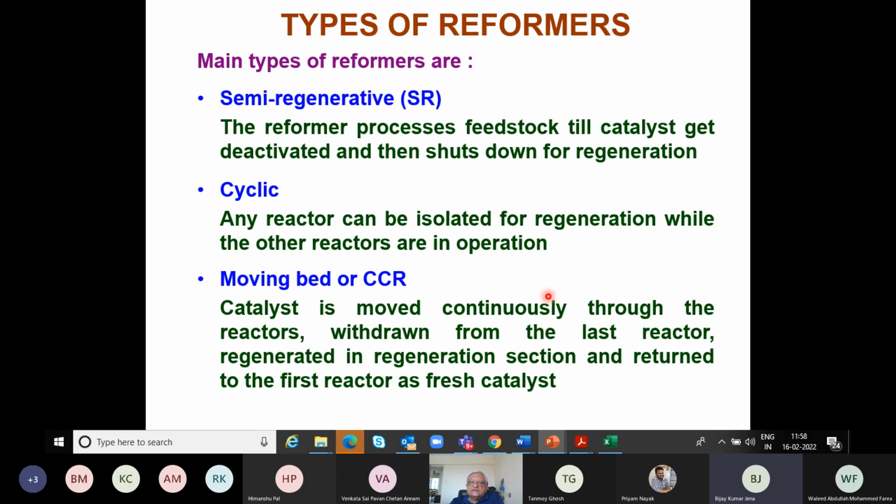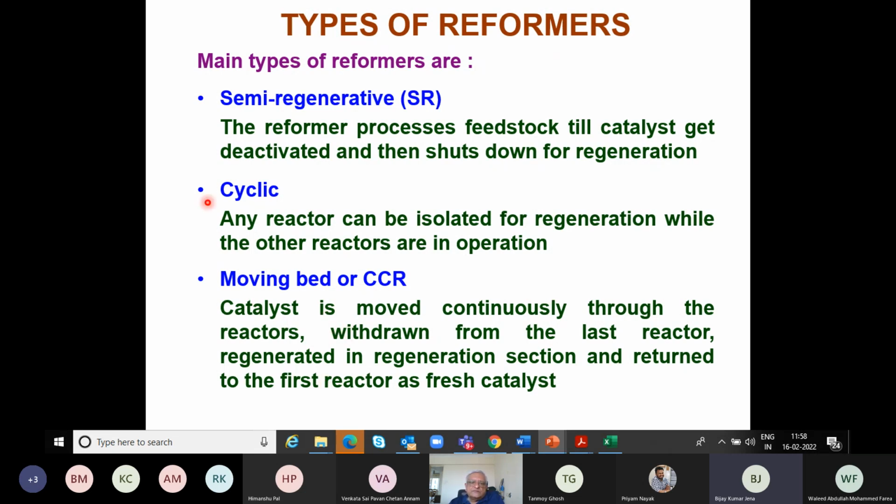As far as the reforming processes are concerned, as I already mentioned, there are majorly two types of reformers in the industry today. The semi-regenerative reformer has been around even today. But if you want to build a reformer today, you would go with a moving bed or a CCR.